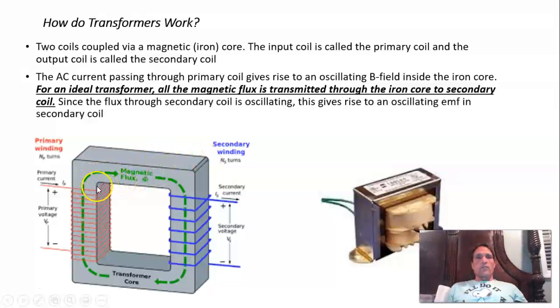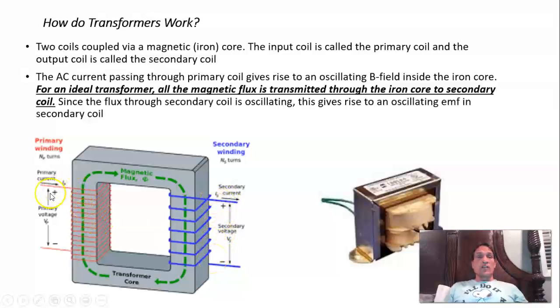Okay? Now if this current were a DC current, you'd get a flux, but you wouldn't get any changes in flux, right? And so you might get a large flux through this secondary coil, but it wouldn't be changing. And so Faraday's law says that if the flux isn't changing, you don't get any voltage here. Okay?